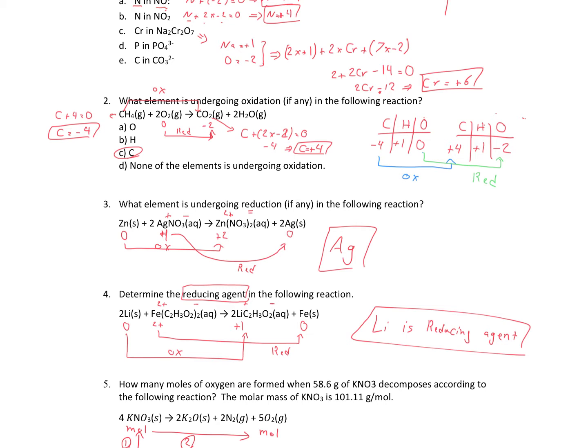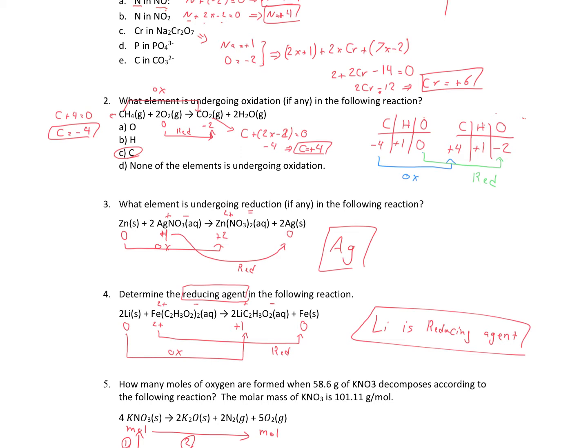But to double check, we find the oxidation state of carbon in the reactant. It's CH4, so the sum should be 0, and H is +1, and we have 4 of them, so C plus 4 equals 0, so the oxidation state of C is -4.